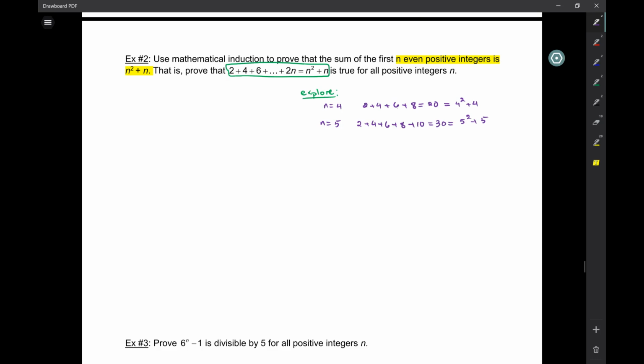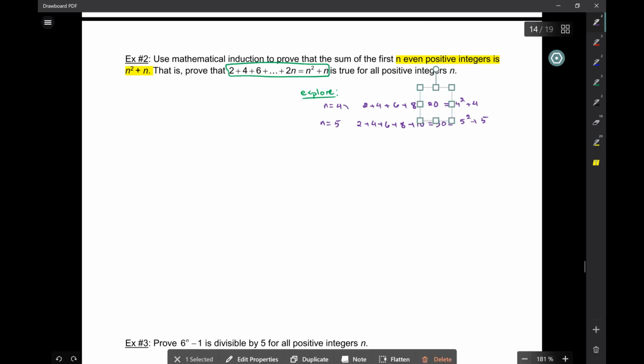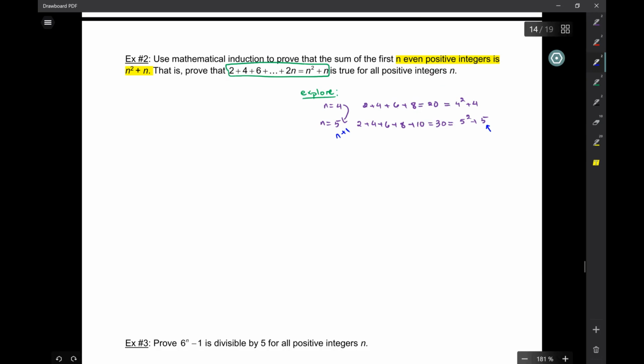Now my next step, this is the important part, is when I increase n by 1, this now became n plus 1. So how can I write this, the 5 squared plus 5, in terms of n? Okay, so that looks like n plus 1 squared plus n plus 1.